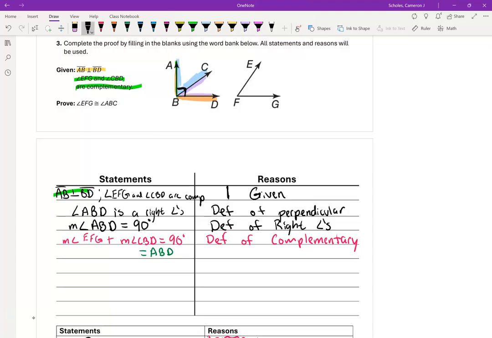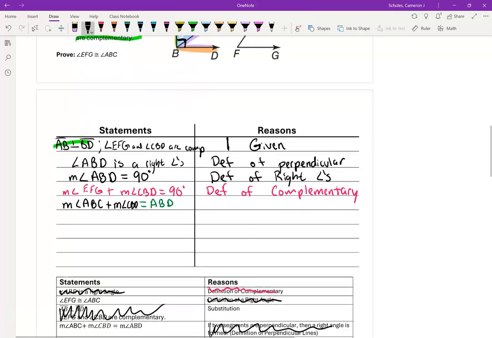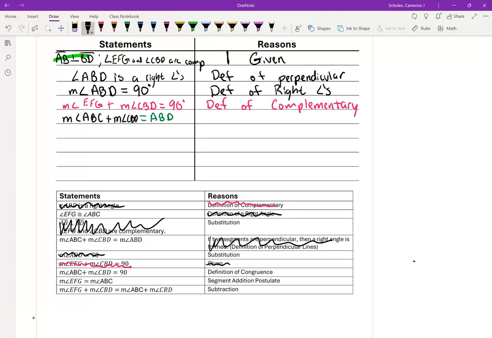So the first angle that we have is the measurement of angle ABC plus the measurement of angle CBD. Now you could have done DBC, it doesn't matter, but in this case, if we look back, we do have that ABC plus CBD is equal to the measurement of ABD. So boom, boom, boom.